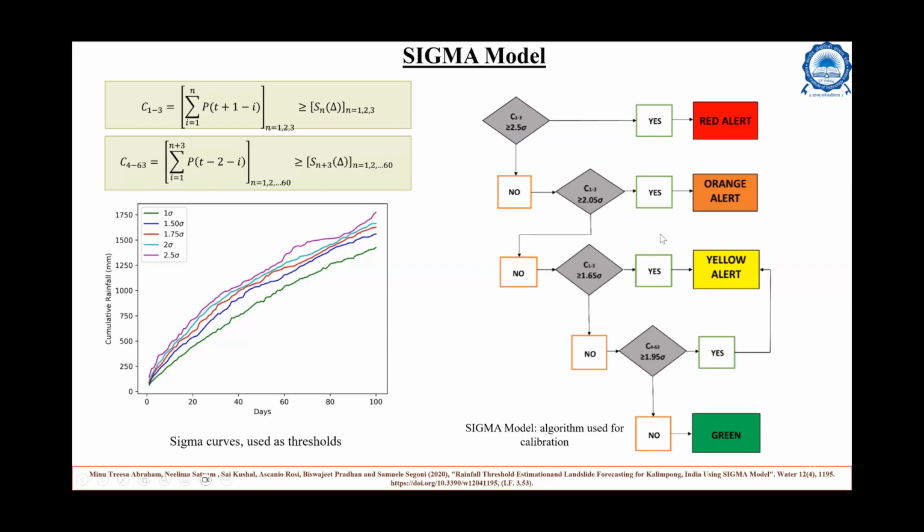This is a trial and error kind of method, and this is the algorithm that is being used for calibration. It calculates sigma. If you see here, as I said, trial and error, different values of sigma, 1 times, 1.5 times, etc. We apply that, and we see the duration versus cumulative rainfall graph, which is a sigma curve. And then we do the trial and error in such a way that we reduce the false alarms.